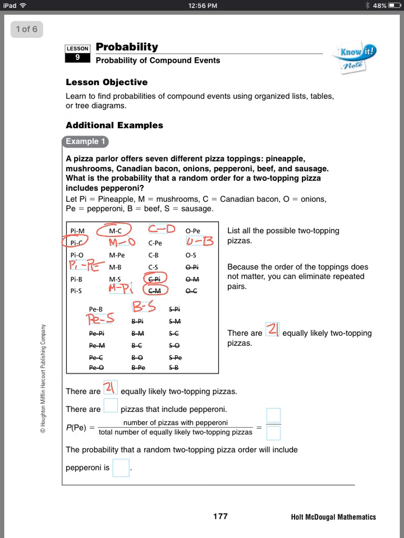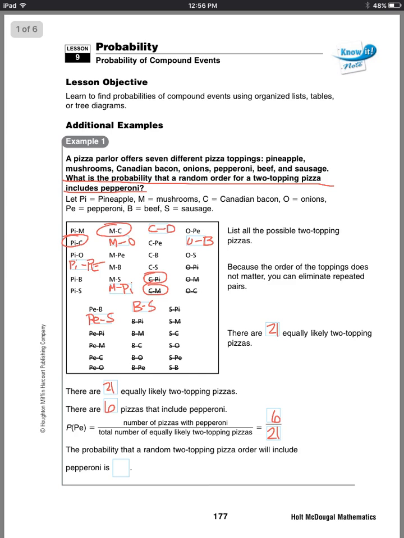Then it asks how many pizzas include pepperoni. Let's see here. Where's our list with pepperoni? 1, 2, 3, 4, 5, 6. It asks, what is the probability that a random order for a 2-topping pizza includes pepperoni? So we take the number of pizzas with pepperoni over the total number of equally likely 2-topping pizzas and get 6 over 21.